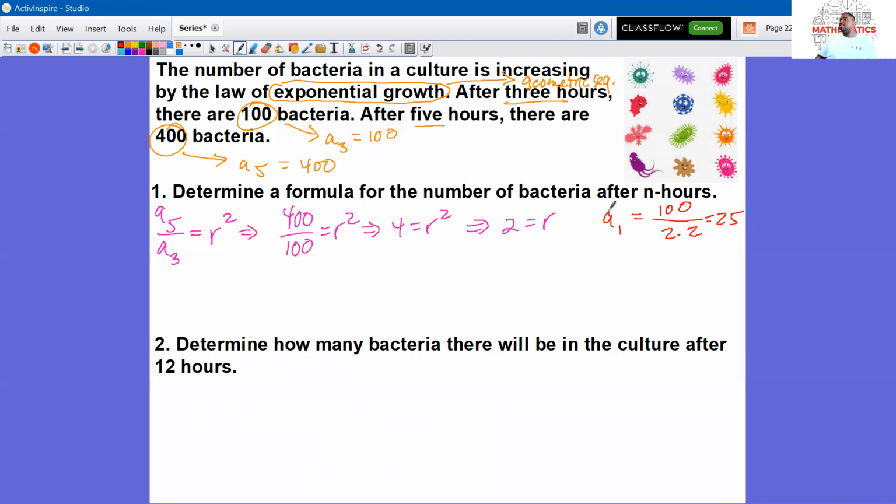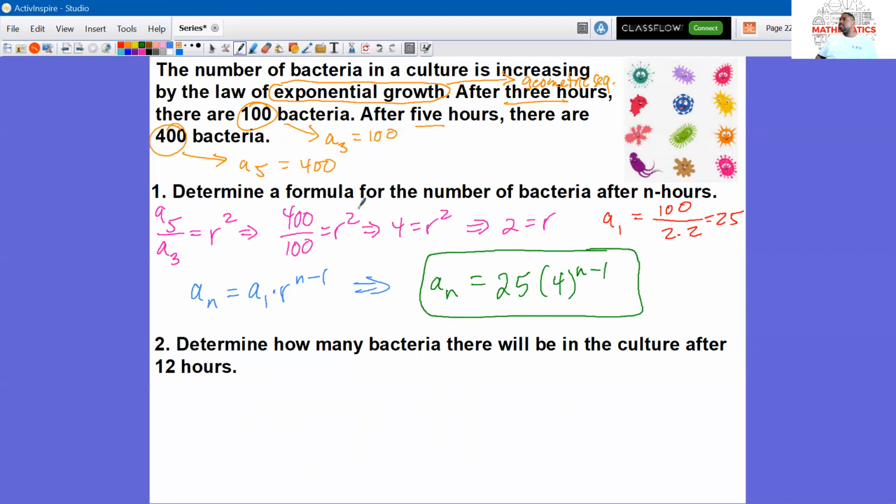So we know that A1 is 25, and we can go ahead and write our geometric sequence. So An equals A1 times R to the n minus 1. And that gives us a formula of An equals 25 times 2 to the n minus 1.